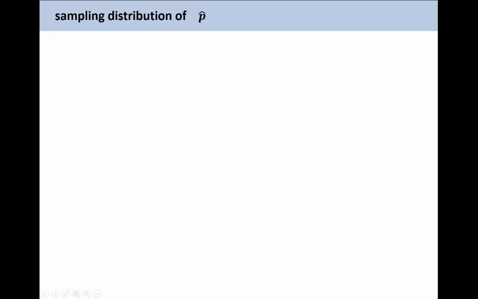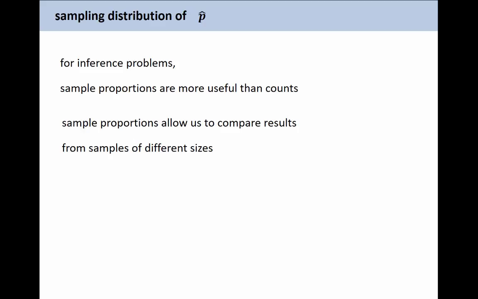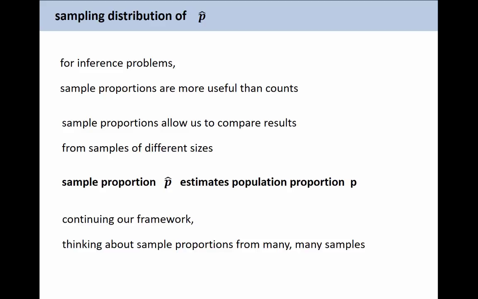So, sampling distributions for p hat, quite frankly, are more useful than counts. Again, because they allow us to compare results from samples of different sizes. And again, this is a framework we're repeating over and over. The sample proportion p hat estimates the population proportion p.